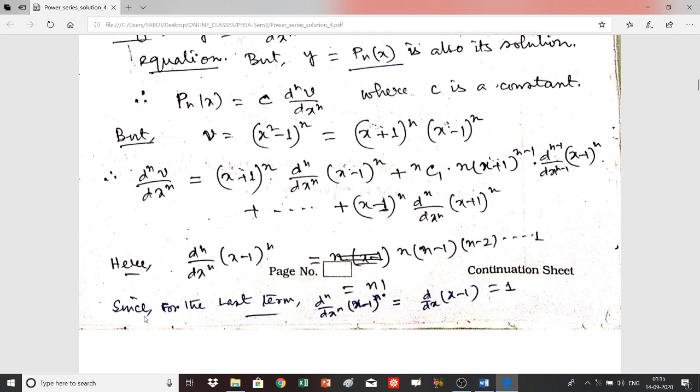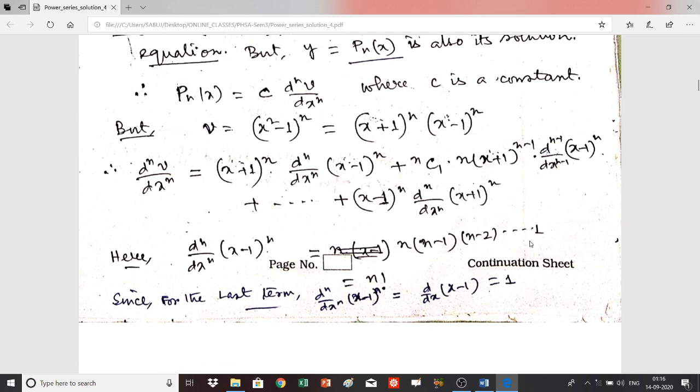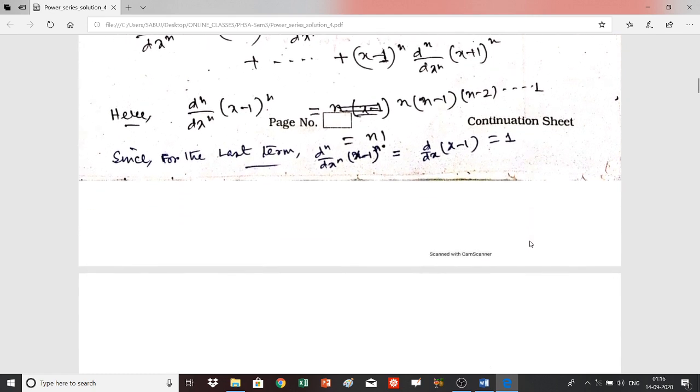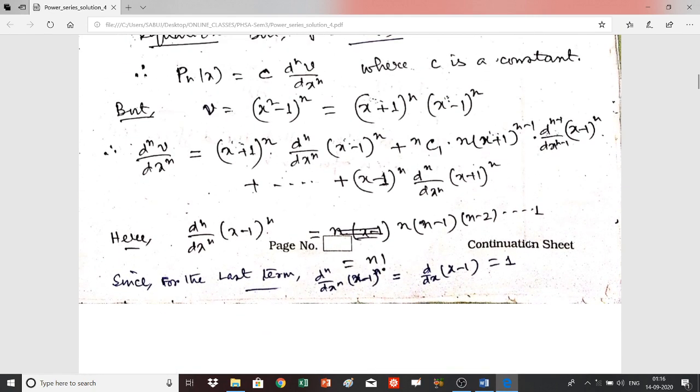For the last term, d^n by dx^n of (x minus 1)^n is nothing but d by dx of (x minus 1) when n is one, and that will give you 1. So I have written here 1 for the last term. So you get this differentiation as n factorial.